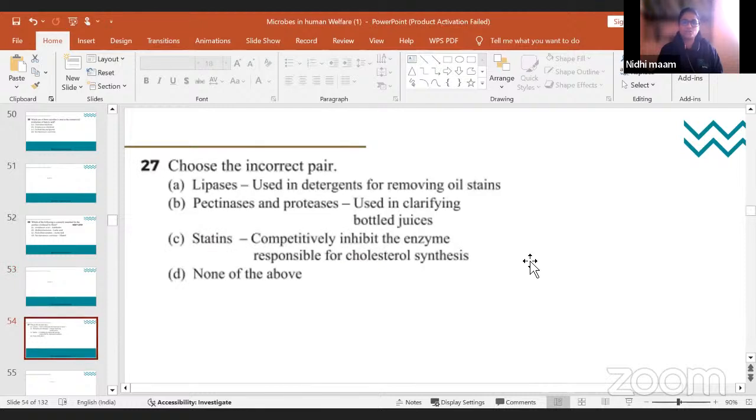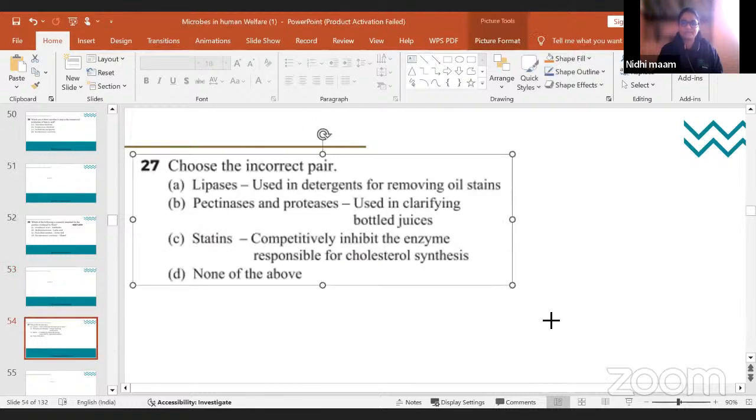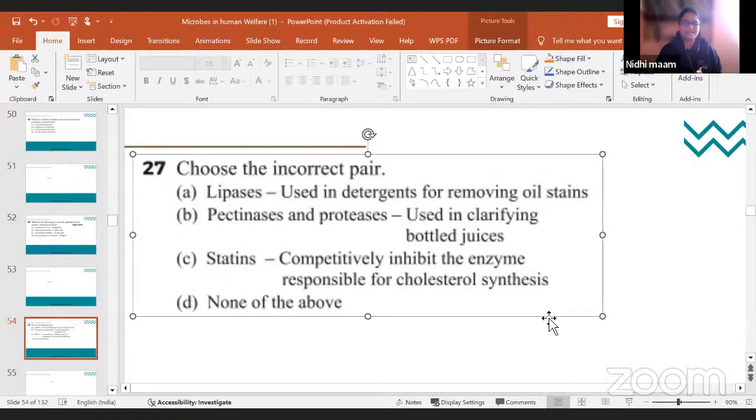Next question. Choose the incorrect pair. Find the one incorrect pair. Lipases used in detergents for removing oil stains. Pectinases and proteases used in clarifying bottled juices. Statins competitively inhibit the enzyme responsible for cholesterol synthesis. D. None of the above.